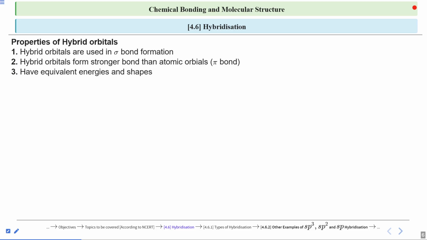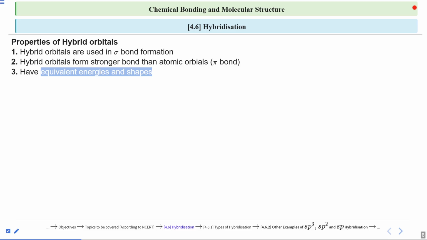Now next, the most important point, that they always have equal energy and same shape. They all will be of the same shape and their energies will be equal, no matter which atomic orbitals are used up in making those hybrid orbitals. So in a molecule, always remember, if you are considering one atom and the atomic orbitals of that atom are combining to form a set of hybrid orbitals, then the energies of those orbitals will always be the same.